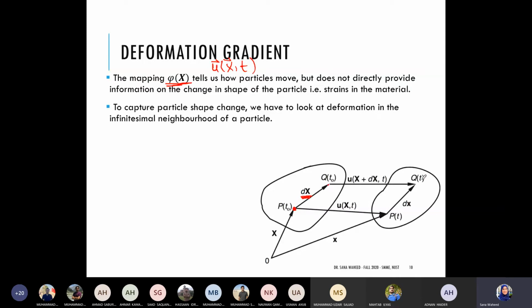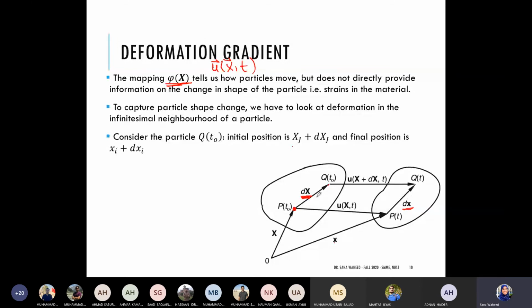In my reference configuration, Q is a dX away from particle P, and in my current configuration, it's going to be dx away from the particle P. Why? Because in the reference configuration it has a position of capital X plus dX, whereas in the current or deformed configuration, Q has a position small x plus dx.